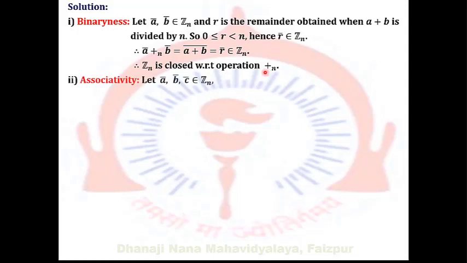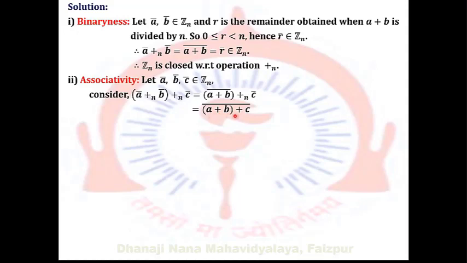For associativity, let a bar, b bar, c bar be three elements in Zn. So consider a bar addition modulo n b bar addition modulo n c bar, that is equal to a plus b bar addition modulo n c bar, or this is equal to a plus b plus c bar. But here a, b, c are integers, and we know that Z with operation addition is group, so operation is associative.